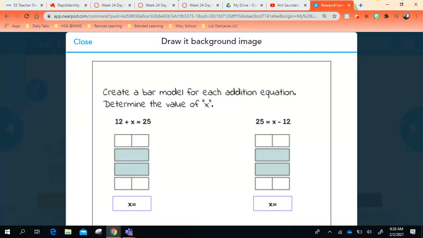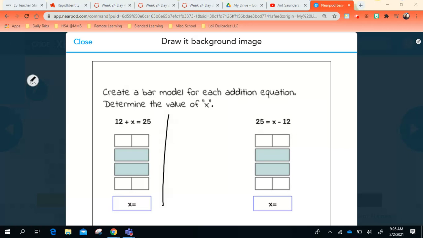I want you to take a minute to do the first one. Use your notes. Go back and look. 12 plus x equals 25. Well, 12 and what other number make 25?